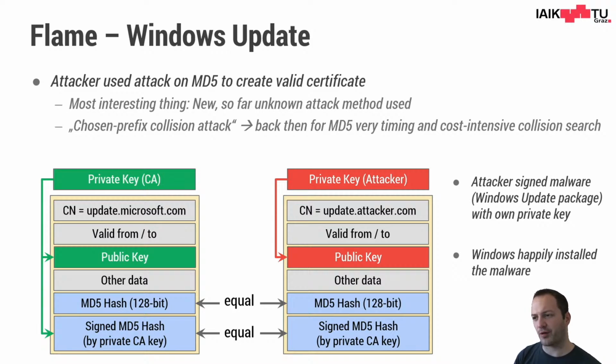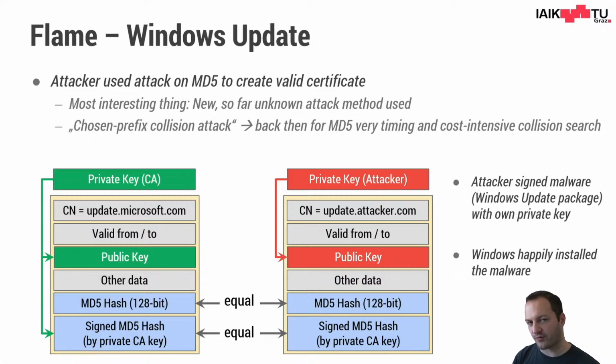It was cryptographically valid. In other words, the attacker signed the malware with its own private key, but the signed MD5 hash, the signature, was just fake. So the MD5 hash and the signed MD5 hash was just the same as from the original update.